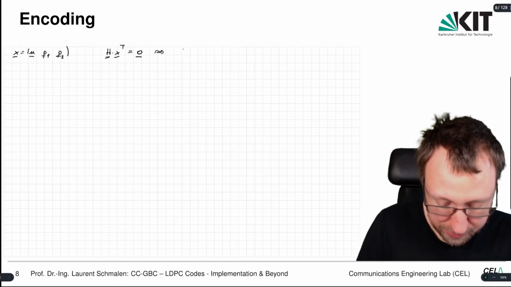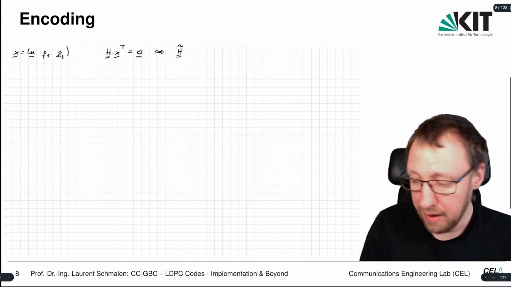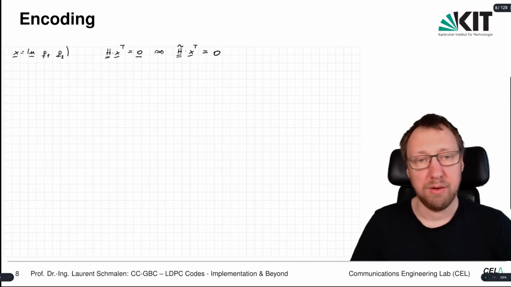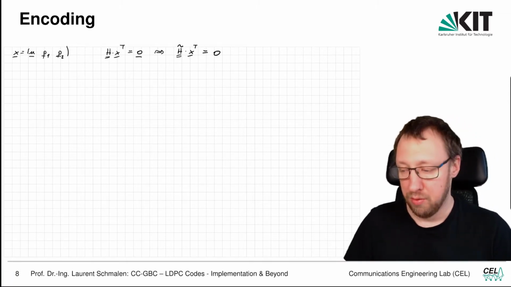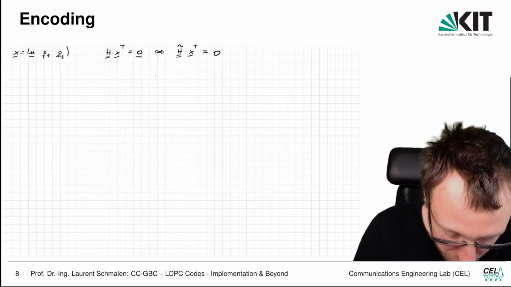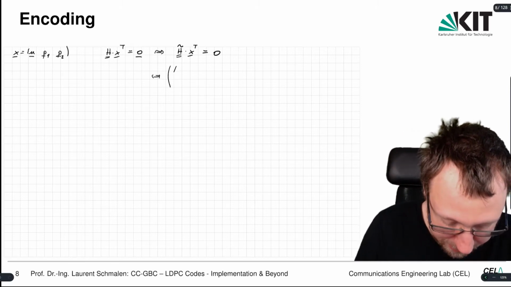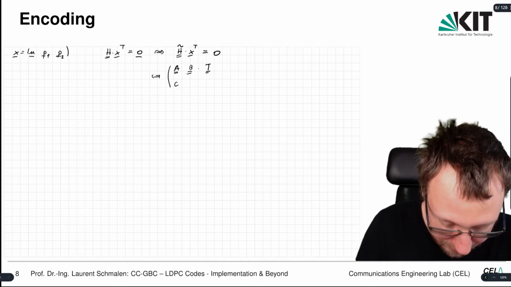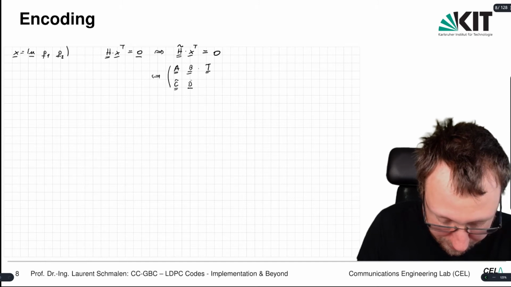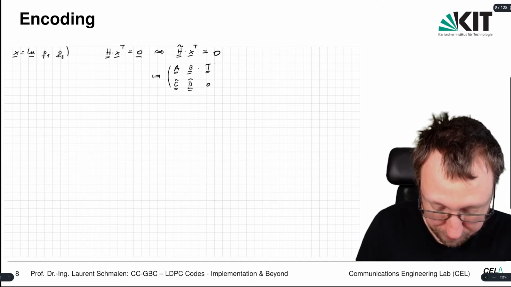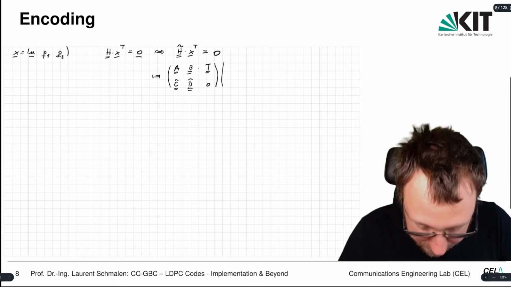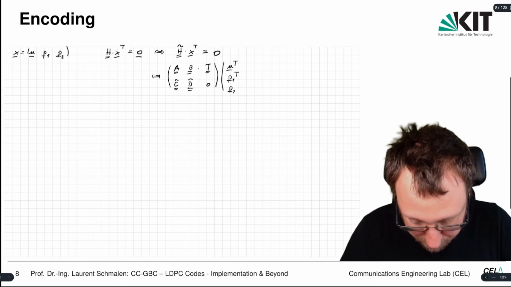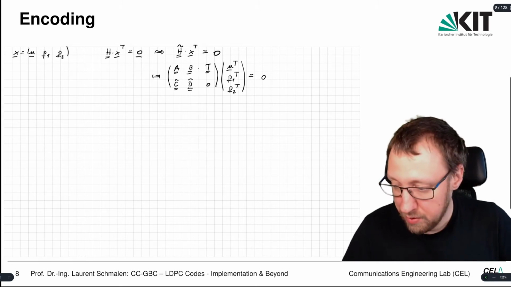And this is equivalent to saying that H tilde times X transposed is equal to 0, because we describe the same code. So we can write this. H tilde is A, B, T, C tilde, D tilde, 0, times U transposed, P1 transposed, and P2 transposed. This must be equal to 0.